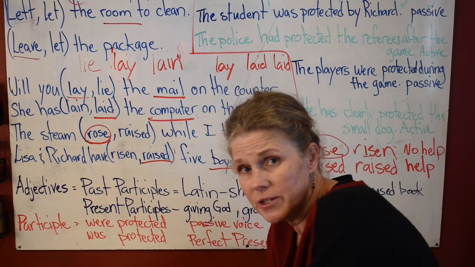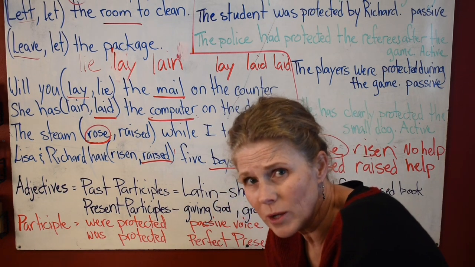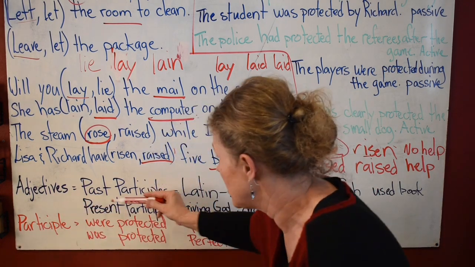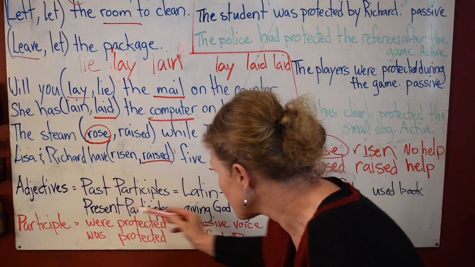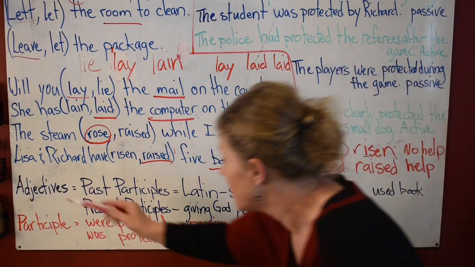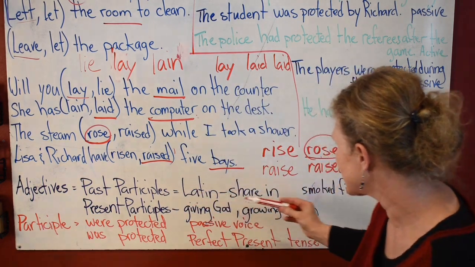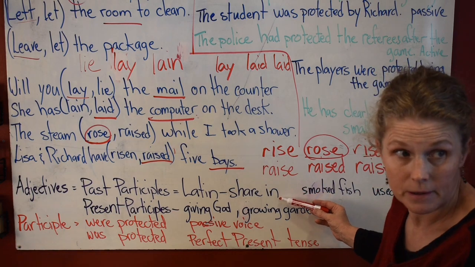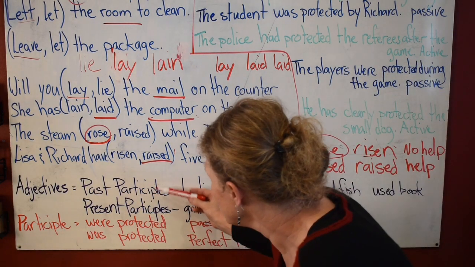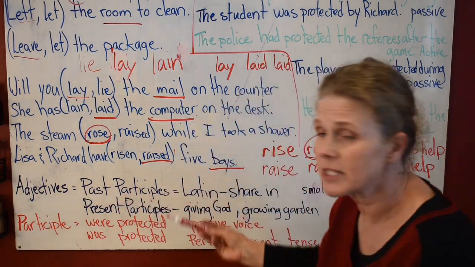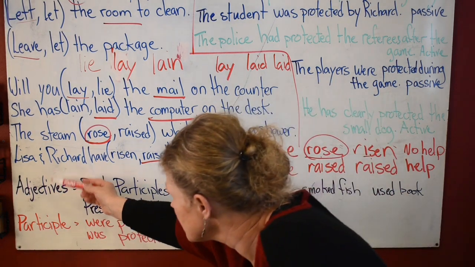Now, adjectives, this is where people get so confused. What's a participle? Well, adjectives can be your past participle or your present participle. Participle for Latin means to share in. So you are sharing your participles with verbs, adjectives and verbs.